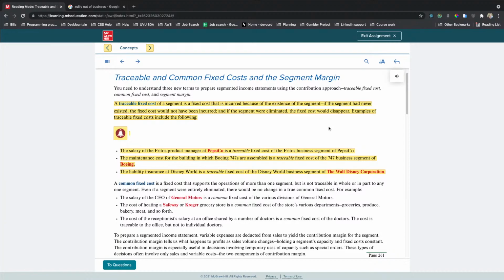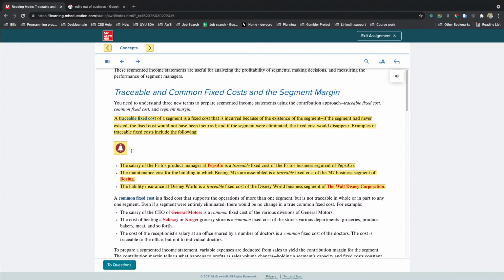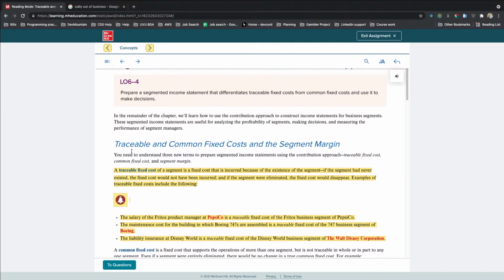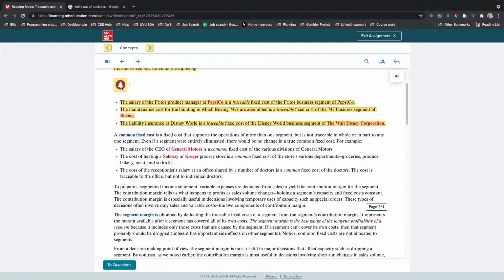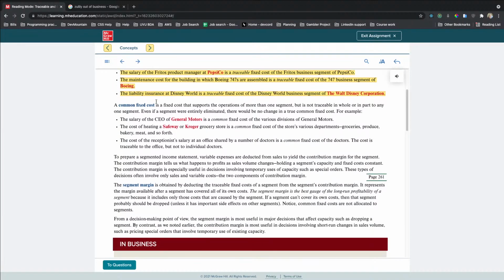What is a segment? That would be my first question. The salary of the Fritos product manager at PepsiCo is a traceable fixed cost of the Fritos business segment of PepsiCo. Okay.